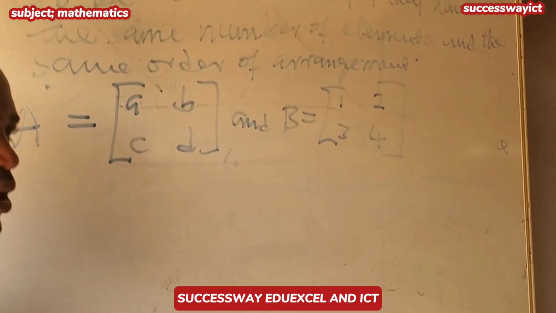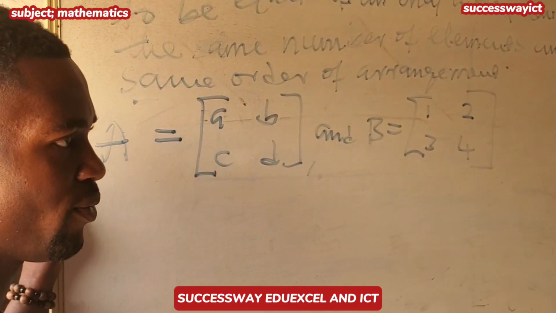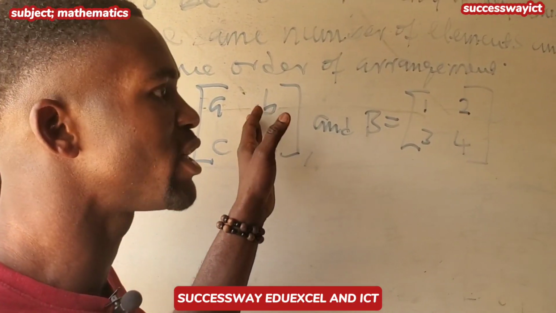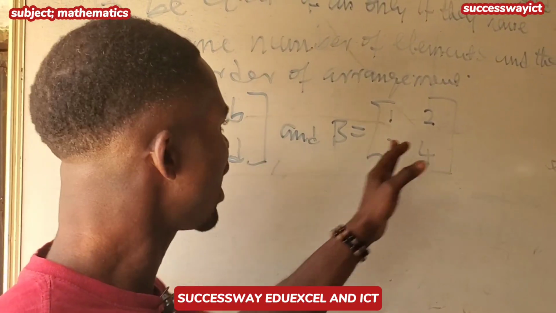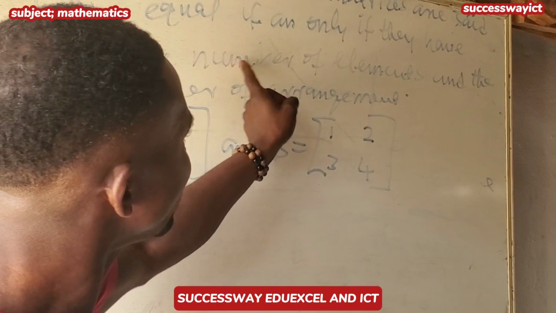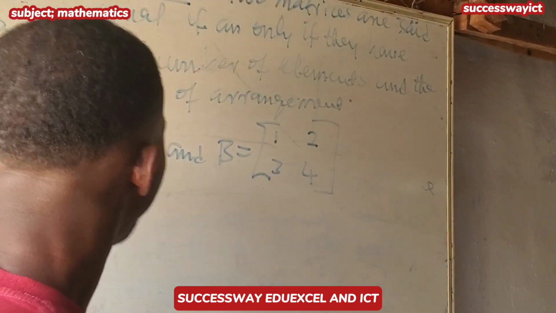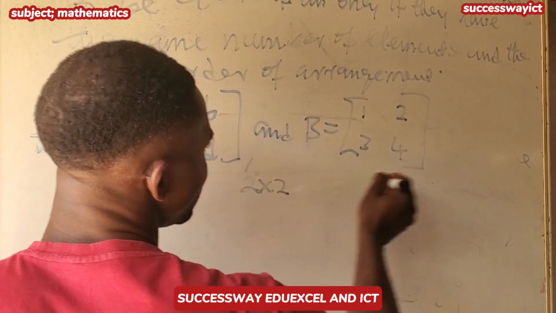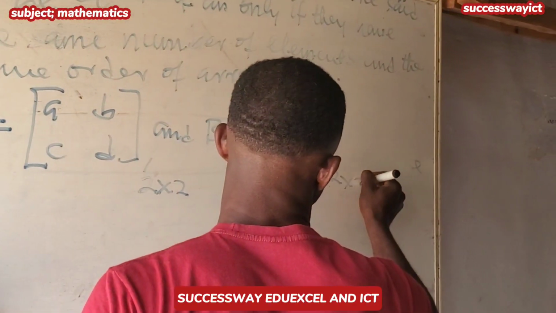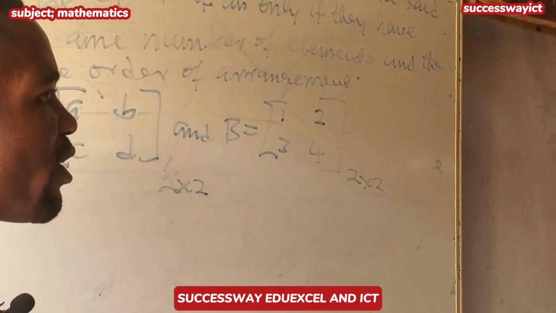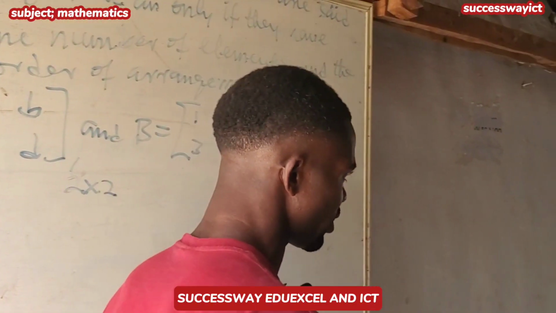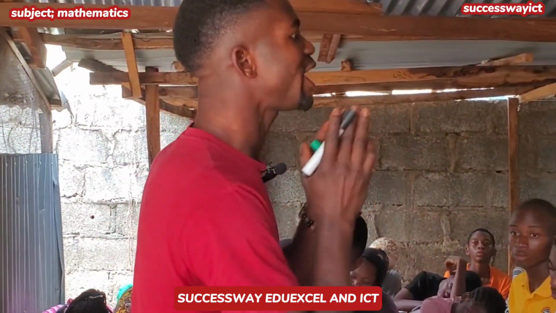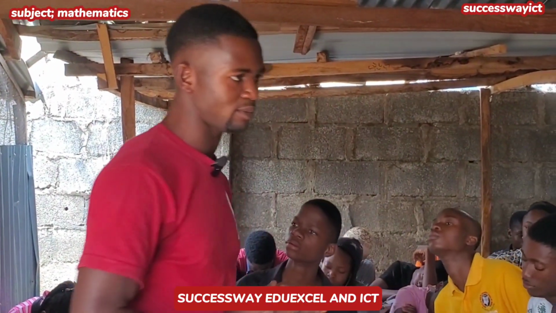Now, please pay attention. We have how many elements here? 4 elements. How many elements here? They have the same number of elements. Now, what is the order of arrangement? Matrix A is 2 by 2. This one is also 2 by 2. You can refer to these two matrices as equal matrices, because they have the same number of elements and the same order of arrangement.